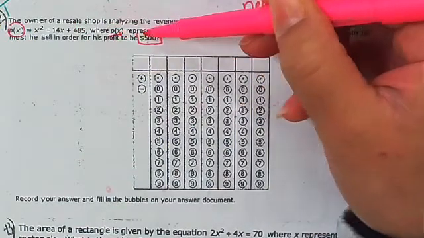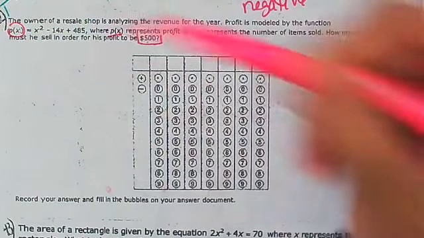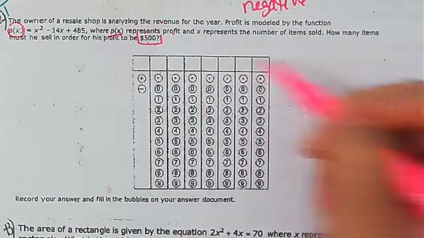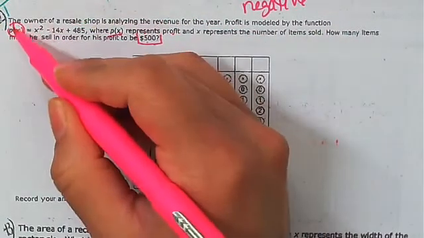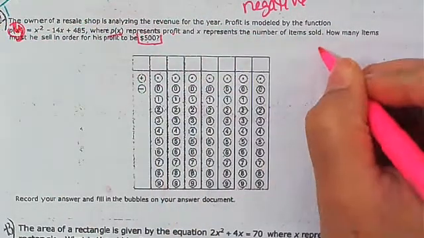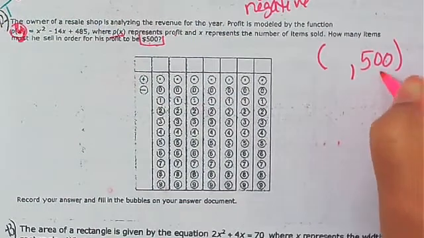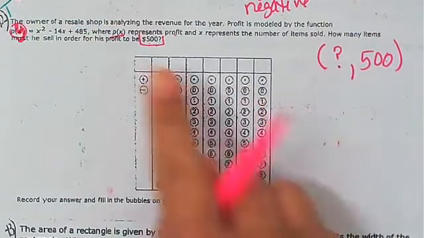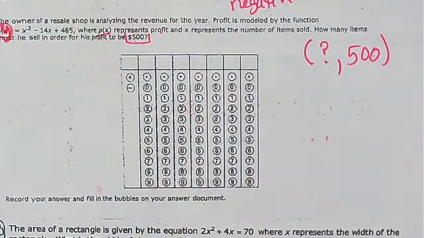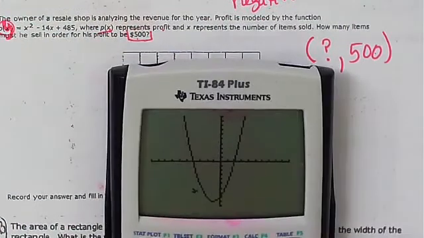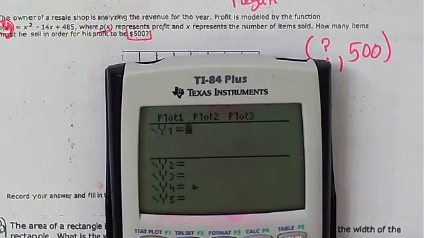How many must he sell in order to profit 500? The profit is the P of X. You see here it says P of X represents profit. Profit is the answer. The Y. So they're basically telling you, hey, the Y is 500. You find the X.